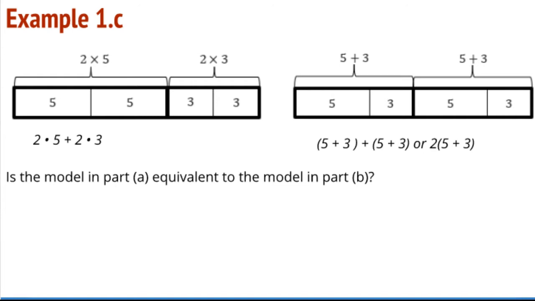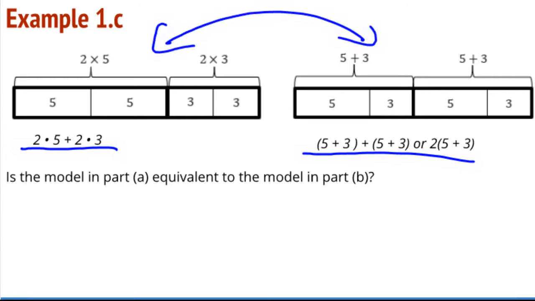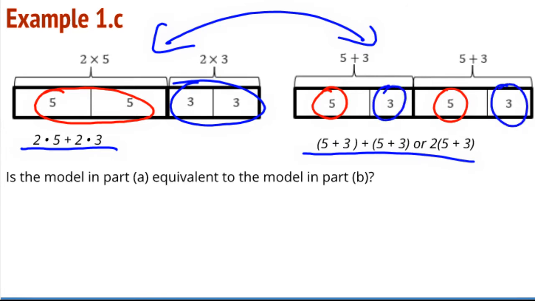So the question is, are these 2 things here equivalent to each other? Do they represent the same value? Now, hopefully you can evaluate this without actually doing any addition or multiplication. Hopefully you can look and say, okay, I've got 2 5s here, and I've got 2 5s here. And I've got 2 3s here, and I've got 2 3s here.